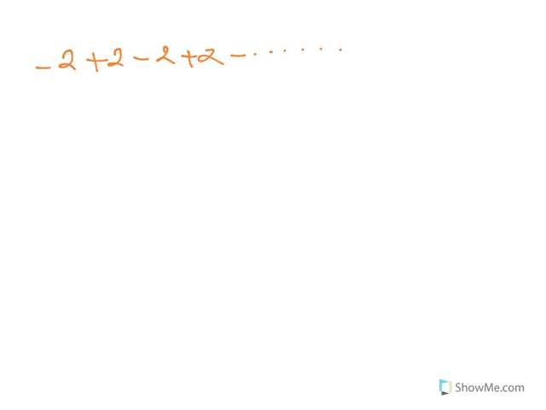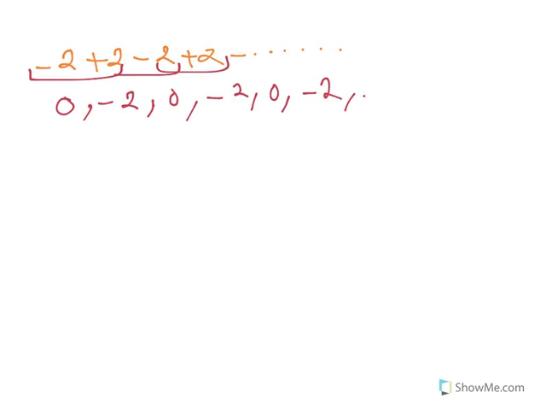As you can see, it's never going to settle down. If you look at the partial sums, -2 plus 2 is 0, and the next term will be 0 minus 2, which is minus 2, then minus 2 plus 2, which is 0. So this series oscillates between 0 and minus 2 forever.